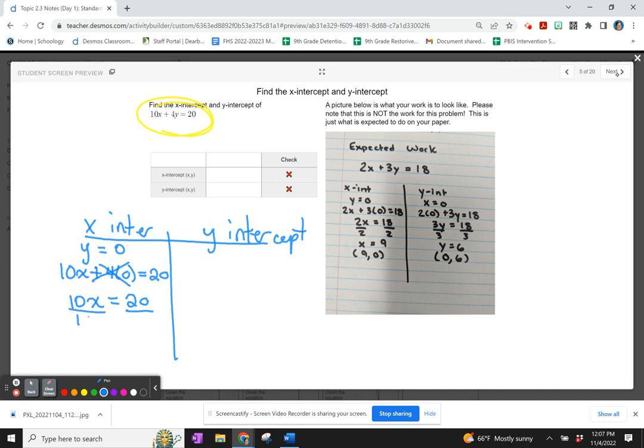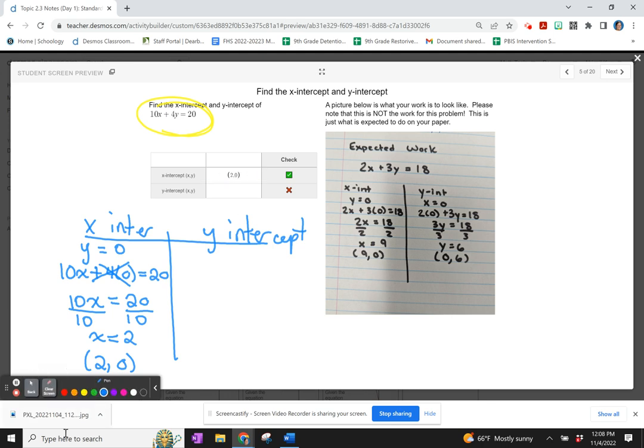To undo multiplying by 10, we're going to divide. Now, if you tried to put x equals 2 into the coding, it would still be red. If you put 2, that would still be incorrect. You have to remember that the actual answer is (2, 0), because it's an ordered pair.